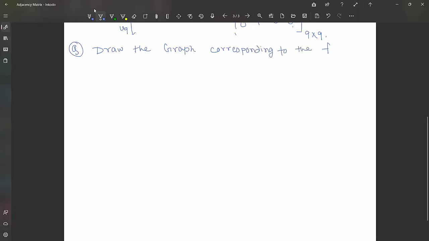So let the graph adjacency matrix be given, and you have to find the graph from that. Just take one of these types of problem. So the question is: draw the graph corresponding to the following adjacency matrix.